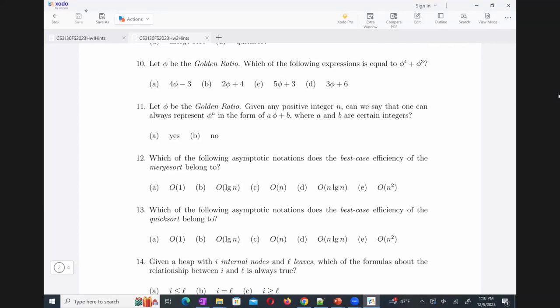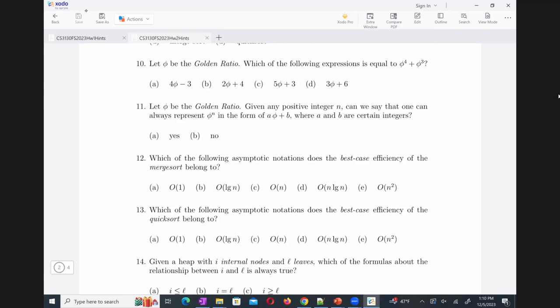Number 11. Here there is a statement, and you need to tell me if this statement is correct. Given any positive integer n, can we say that one can always represent phi to the n in the form of a phi plus b, where a and b are certain integers?